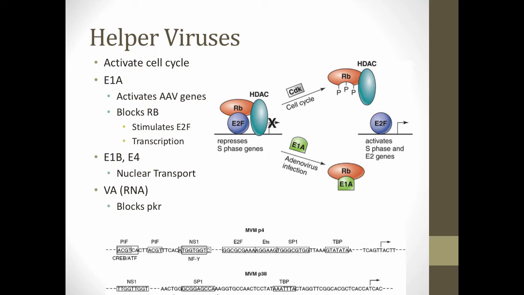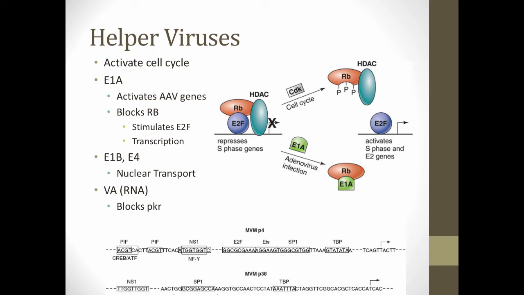So the job of helper viruses as far as a dependovirus is concerned is simply that they activate the cell cycle. So here's, again, from molecular biology, our friends RB, retinoblastoma, E2F, HDAC.